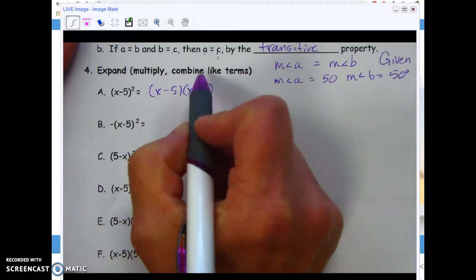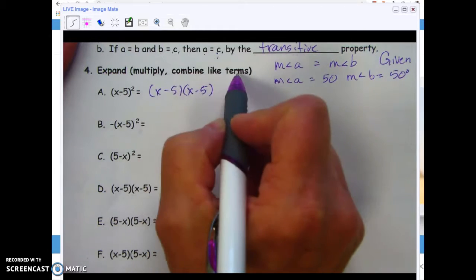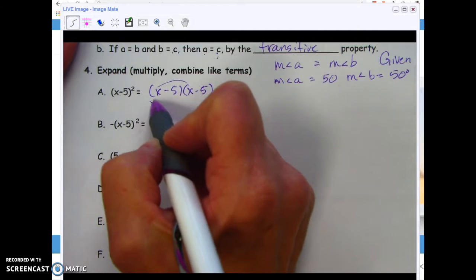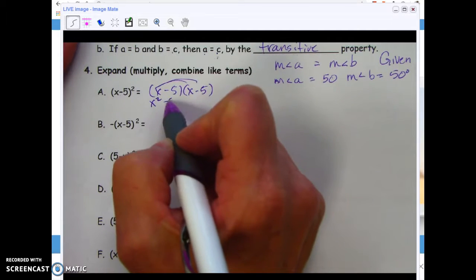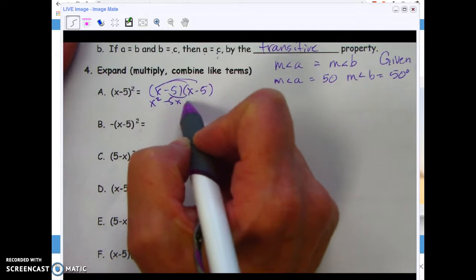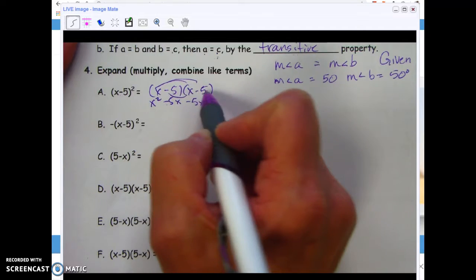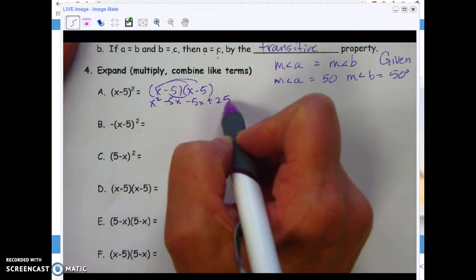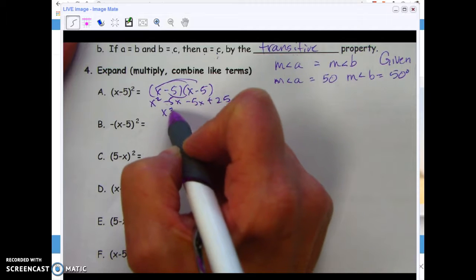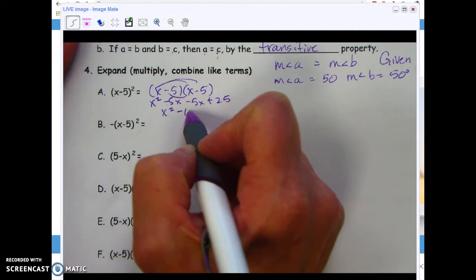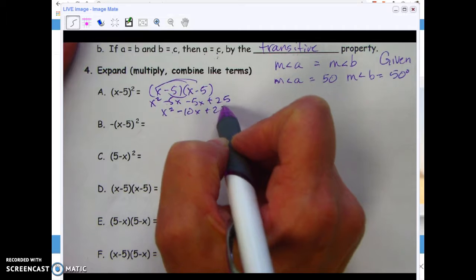And then we multiply it and combine our like terms. So x squared minus 5x minus 5x plus 25. Combine our like terms, and we've got x squared minus 10x plus 25.